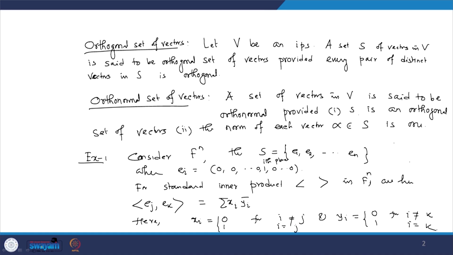So this implies that the inner product of Ej and Ek equals 0, and the inner product of Ej with itself equals 1.